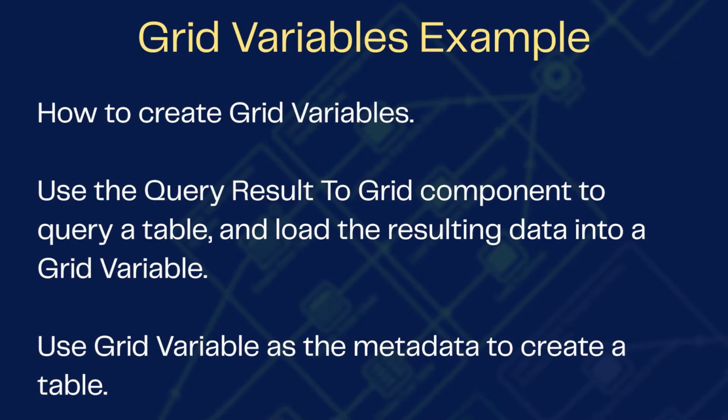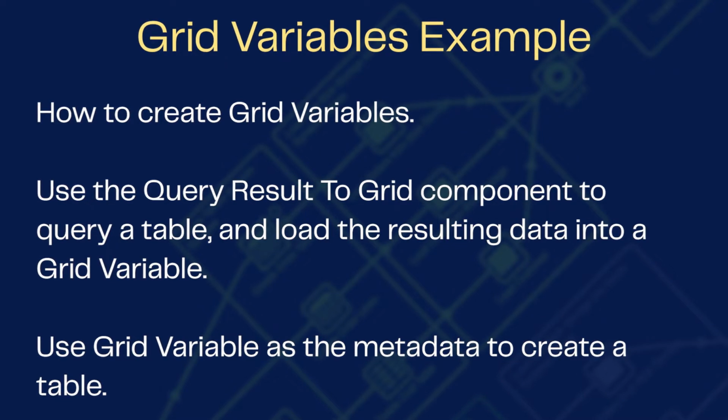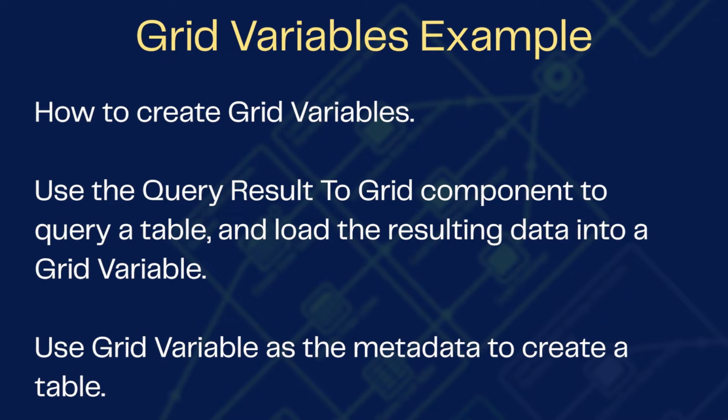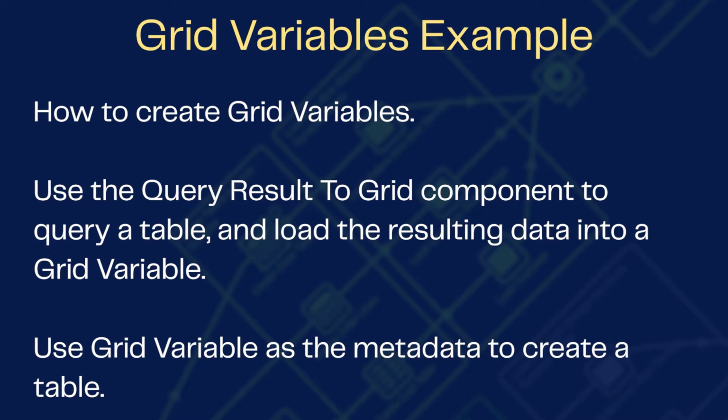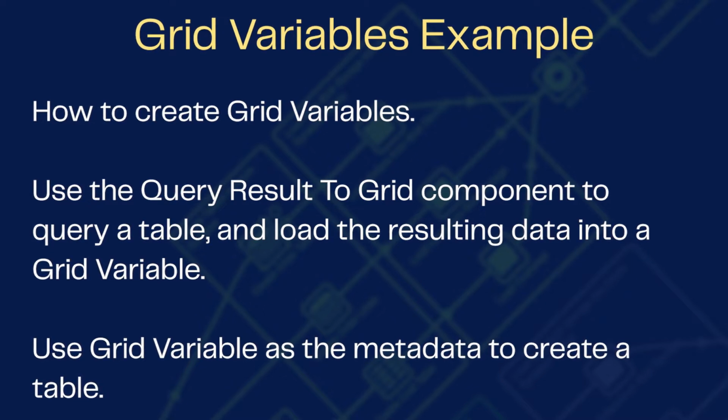In this video, we'll go through how to create grid variables, then use the query result to grid component to query a table and load the resulting data into a grid variable. Then we'll use that variable as the metadata to create a table.